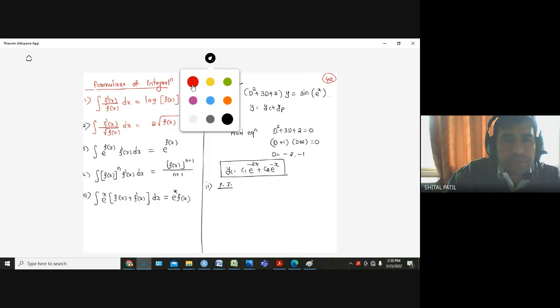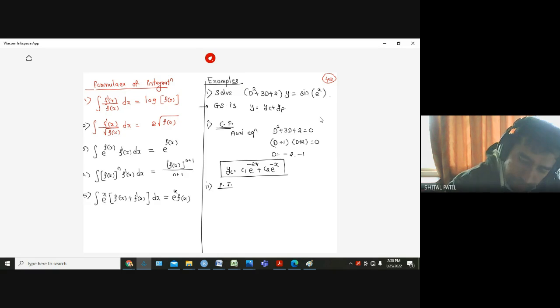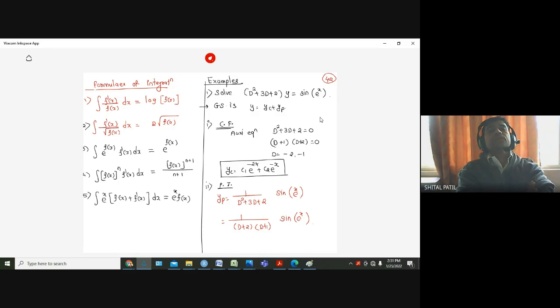Now, what is P.I.? Written in this way. Yes, so we can operate 1 upon D plus 2 first or 1 upon D plus 1 first.